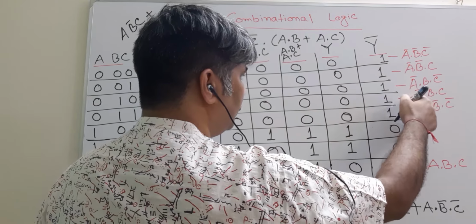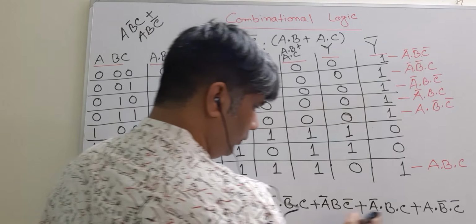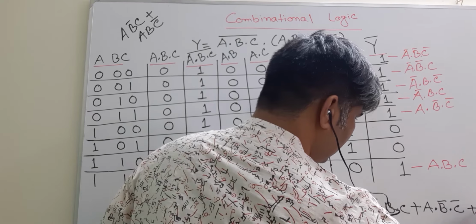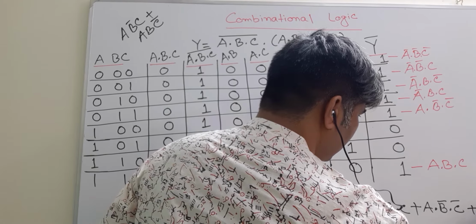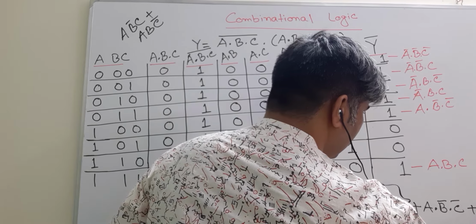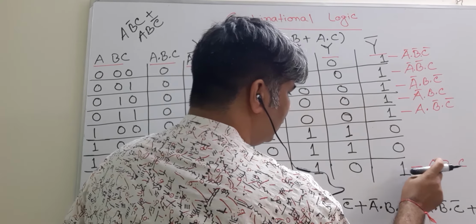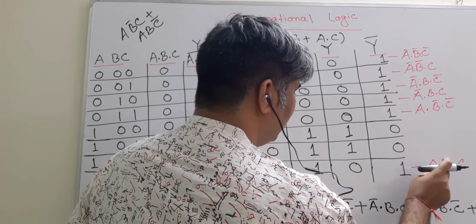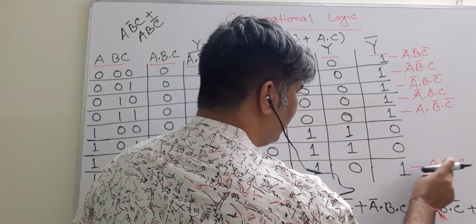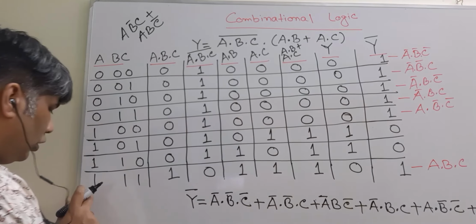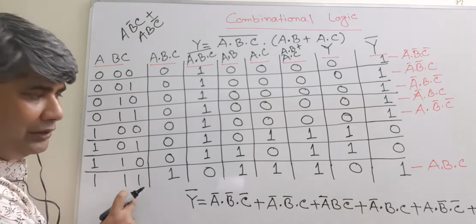That is 1, 2, 3, 4, 5, and the last one is a b c. This one comes from the combination a dot b dot c, because all of the inputs are high.